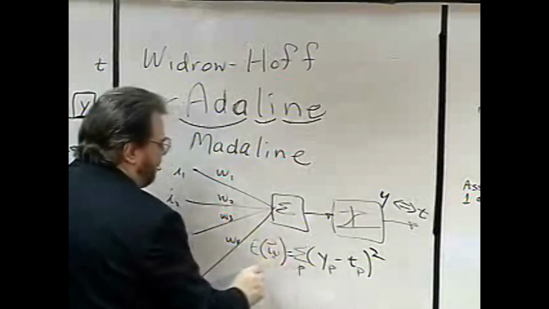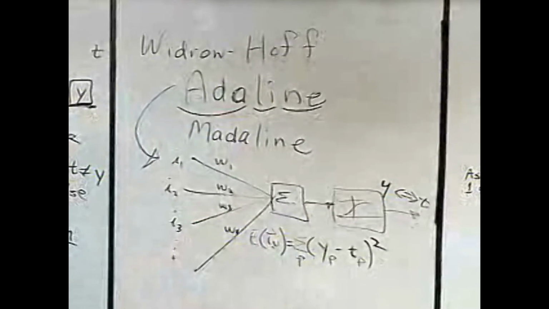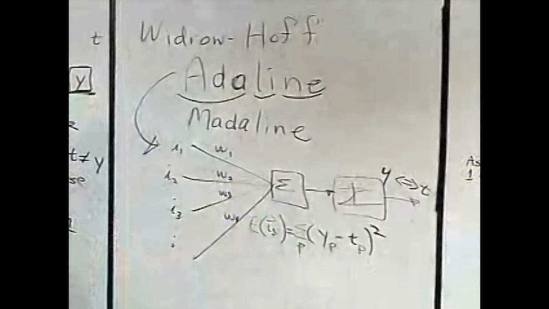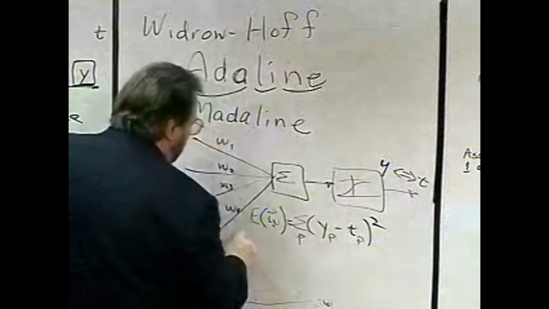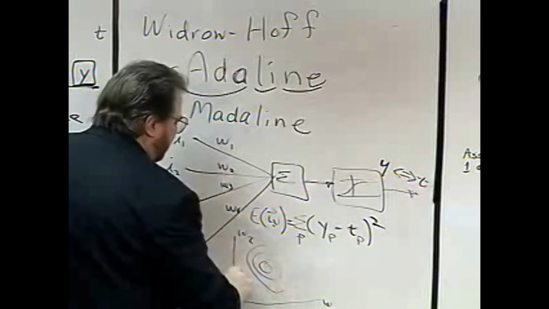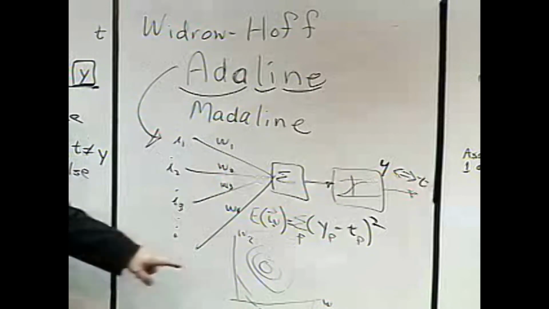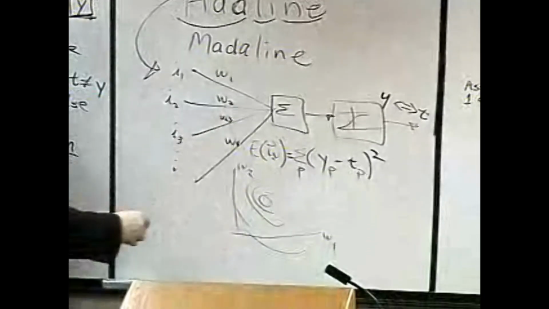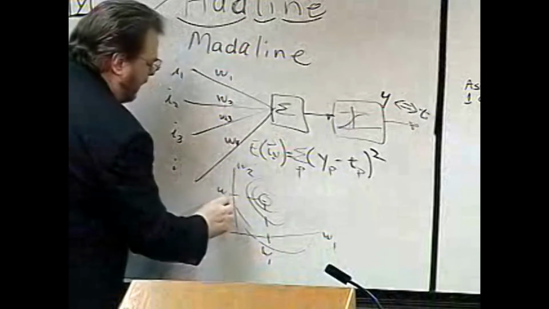As we mentioned before, this error being a function of the weights corresponds to a landscape in weight space. So therefore we have in weight space, weight 1 and weight 2, and we want to find the minimum in some sort of fashion. I mentioned that there were numerous ways for us to find this minimum and therefore find the values of W1 and W2 which minimize the error here.